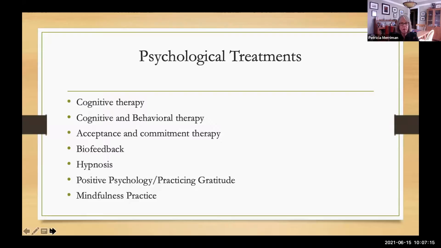You can kind of swap them out, although with cognitive therapy, there's not as much attention to teaching things like muscle relaxation, but it is more involved with, and this is the most important part of psychological treatment, just paying attention to what you're saying to yourself about your pain.